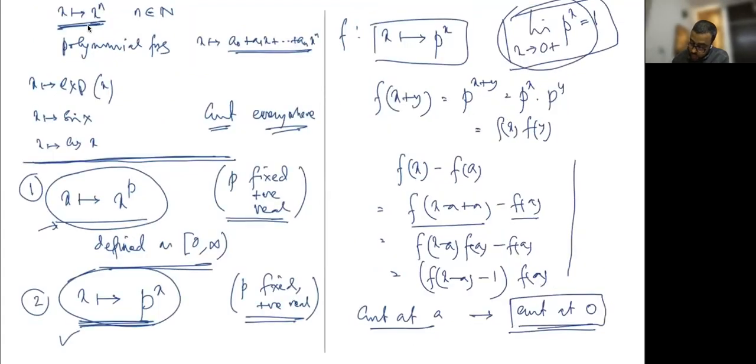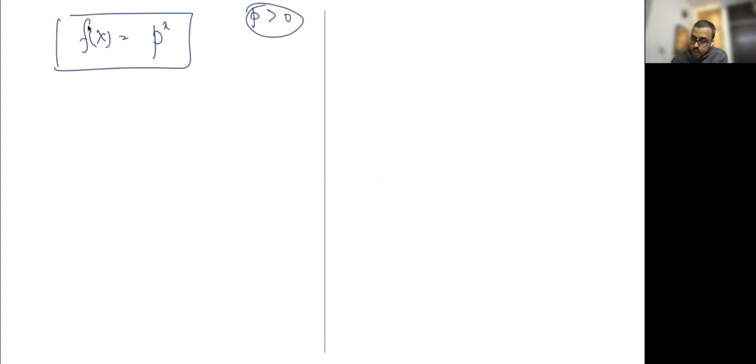So for example, let's look at one useful conclusion from using continuity of this second function. So what is the second function? Second function is x going to p to the power x. Okay, p is some fixed positive real. So now what we know is that, assuming this is true what I've stated, so this is continuous.